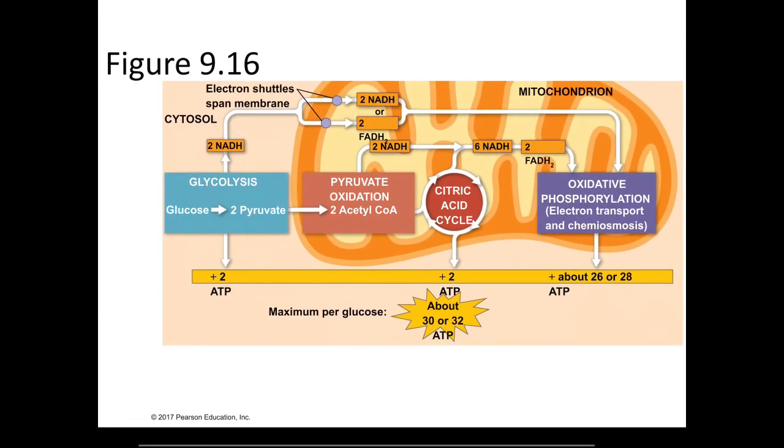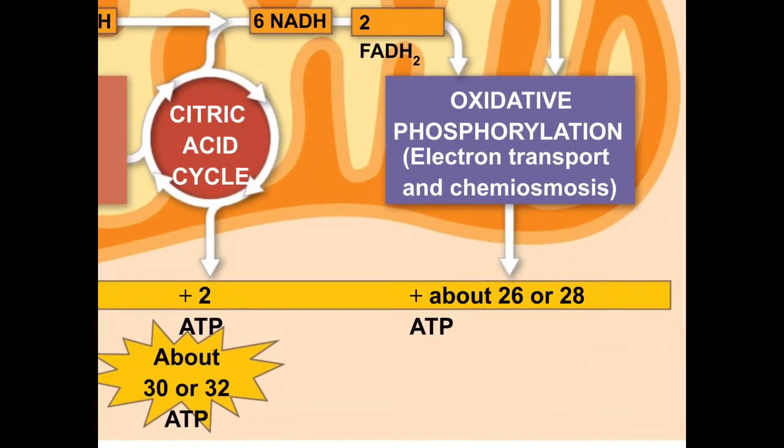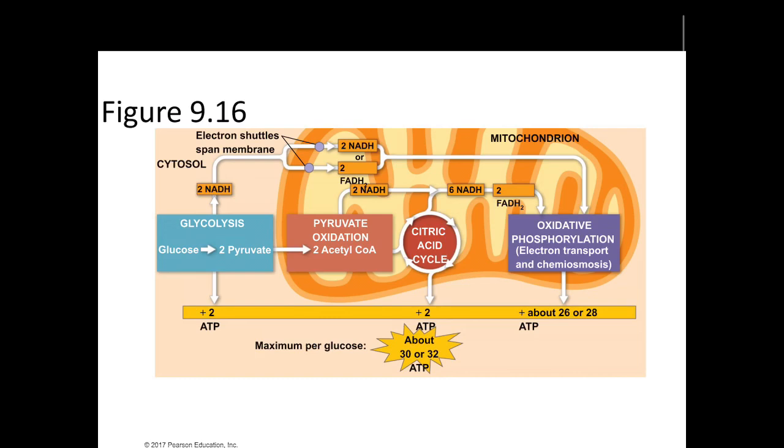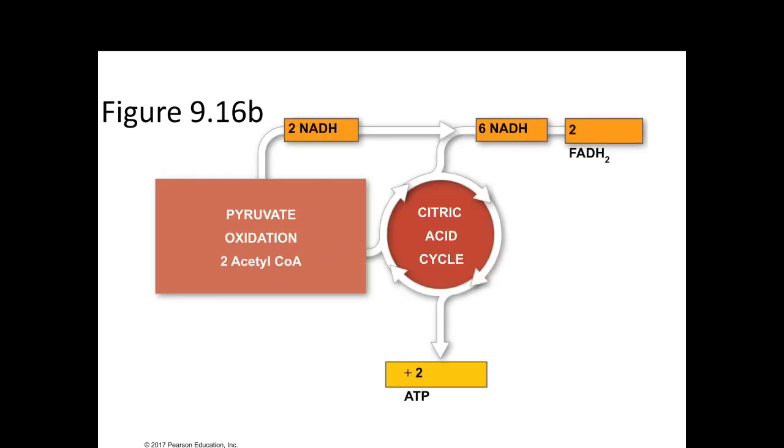All those electron shuttles, if you follow the white pathway, lead to oxidative phosphorylation, where you have the electron transport chain and chemiosmosis. All together, you have 28 ATP that's made just by the electron transport chain and chemiosmosis. That gets combined with the 2 ATP made in the citric acid cycle and the 2 ATP made in glycolysis for about 30 or 32 ATP per glucose molecule. That's pretty crazy.